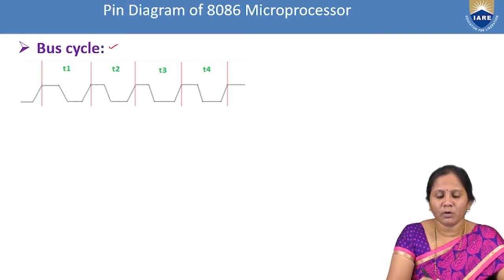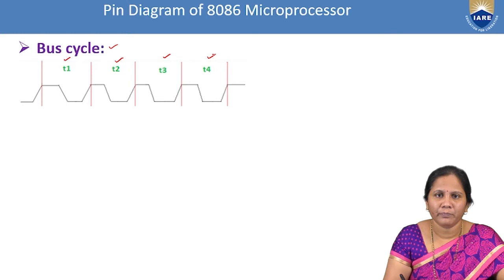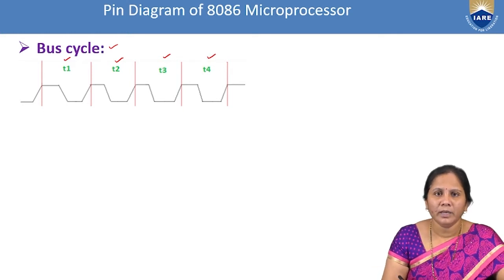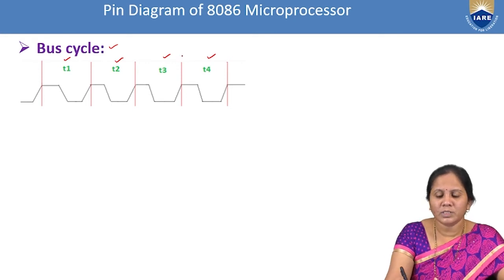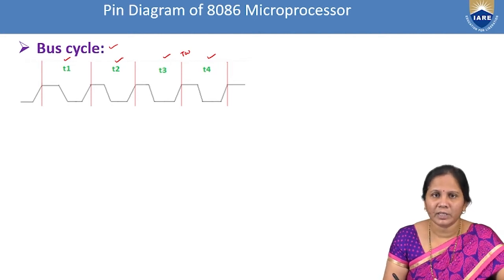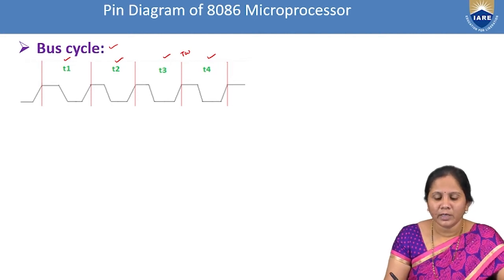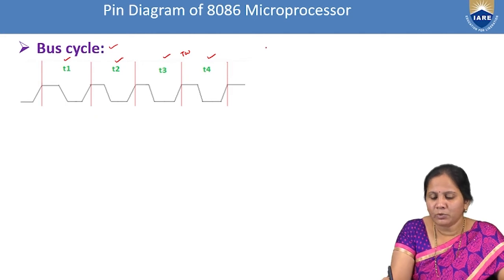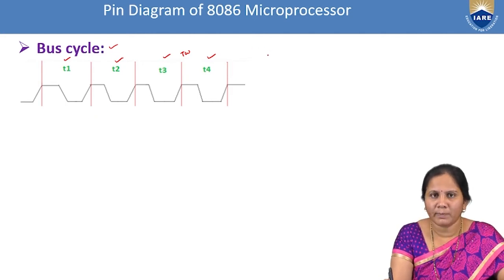The 4 clock cycles are T1, T2, T3 and T4. If the instruction is lengthy and is not executed in time, we can use wait states also before T4 if required. This is called the bus cycle.